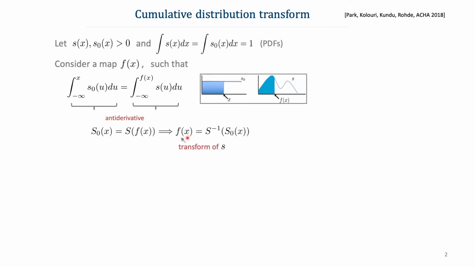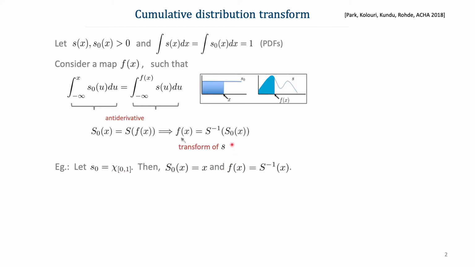And this f of x is what we'll call the transform of our signal S. For example, let's take our reference signal to be the uniform distribution between 0 and 1. Then the integral of 1 is x, again within this domain of 0, 1.